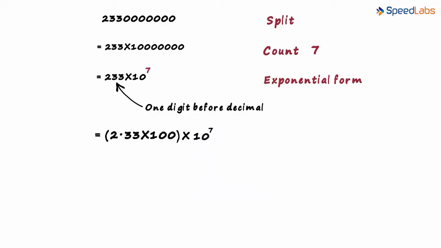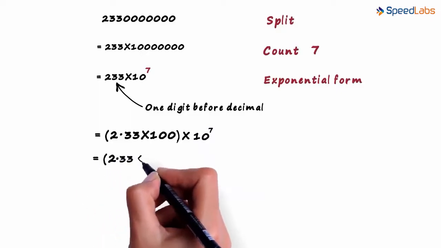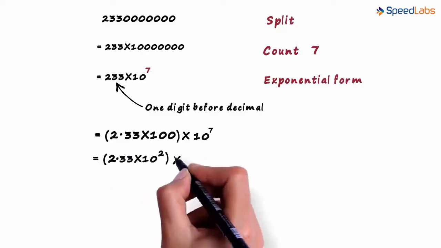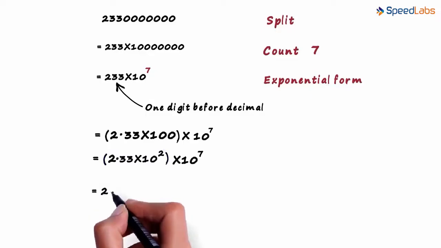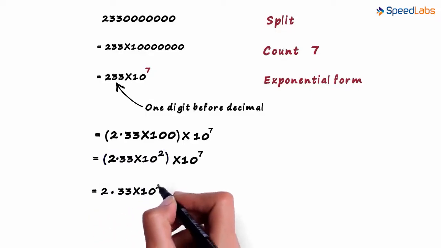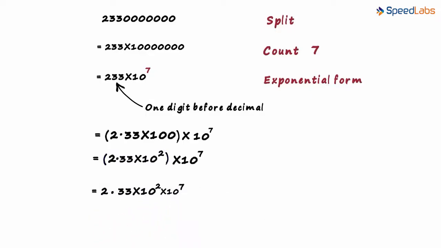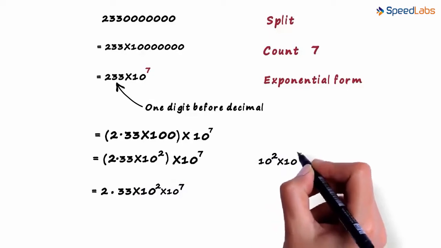So the number would equal 2.33 multiplied by 10 raised to 2 multiplied by 10 raised to 7. We can remove the brackets and write it as 2.33 multiplied by 10 raised to 2 multiplied by 10 raised to 7. Look at these two terms now. 10 raised to 2 multiplied by 10 raised to 7.